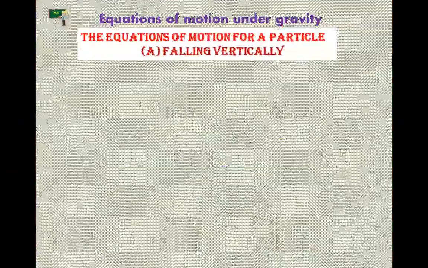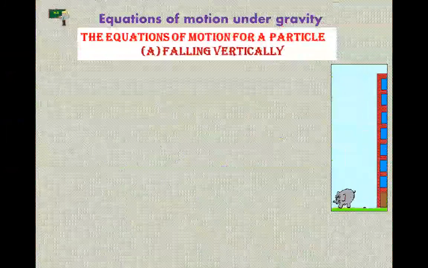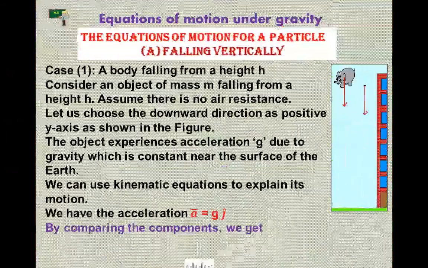We are going to see the equation of motion of a particle falling freely or vertically from a height, like this picture, a body falling from the top of a building.